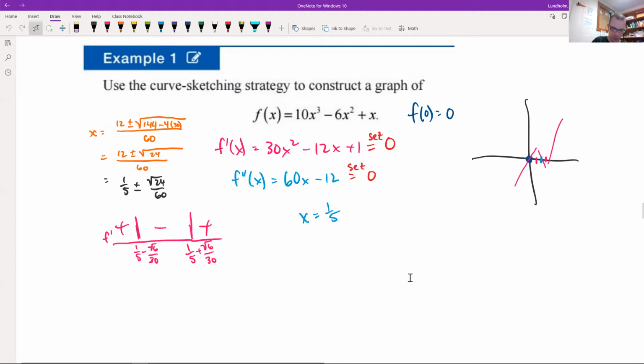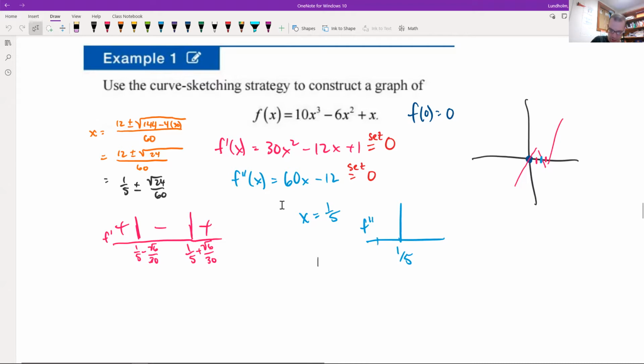If we were going to do the second derivative test, we'd want to test a couple points on either side of 1/5. And this one is probably easy enough to just test 0 and 1. If we test 0 here, we would get negative 12.